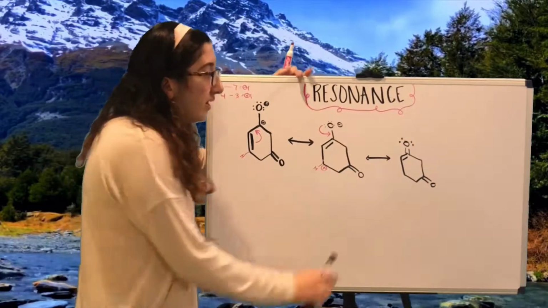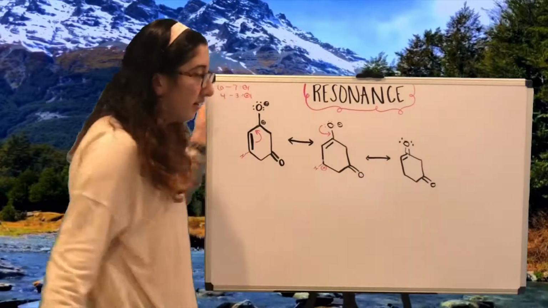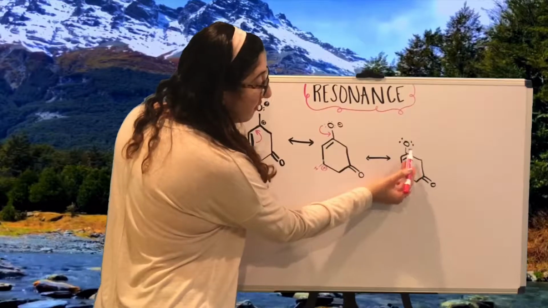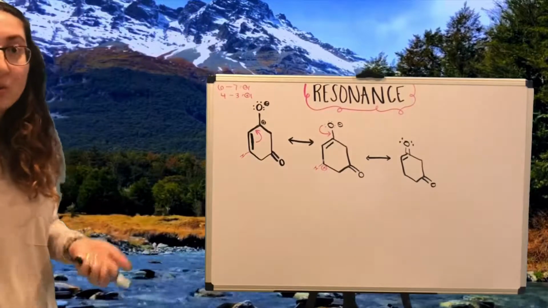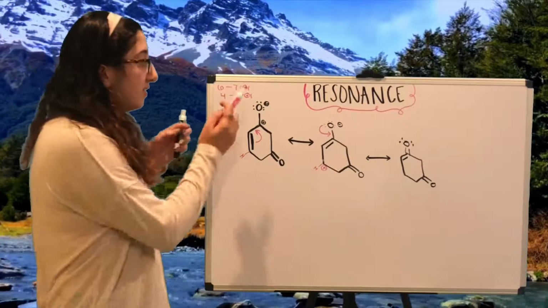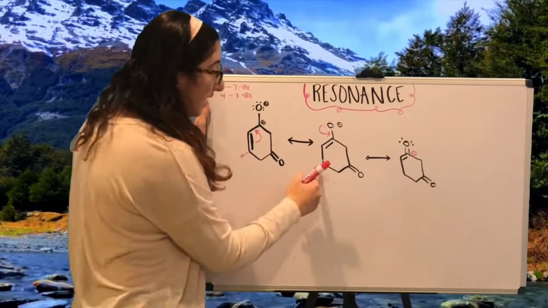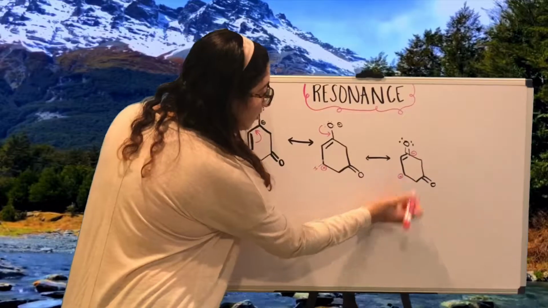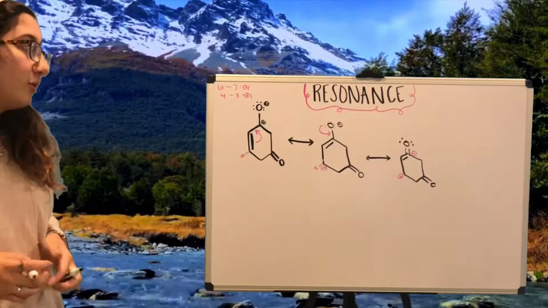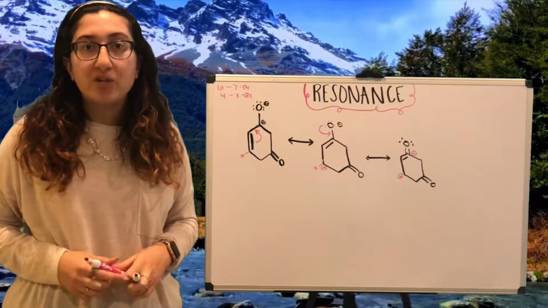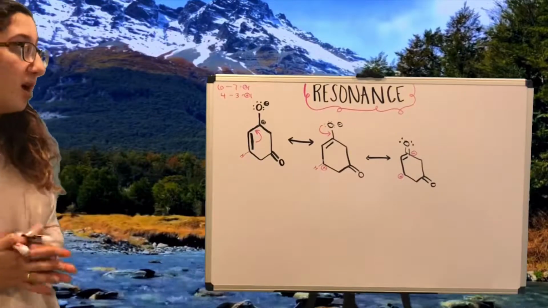But now we have overloaded this carbon right here. So now that carbon, if you count, has 1, 2, 3, 4, 5 electrons, and it only wants 4. Therefore, it's going to be a negatively charged carbon. And this will remain positively charged. Now, the problem we see here is that a negatively charged carbon is not favorable, and we do not want that in our molecule if possible.